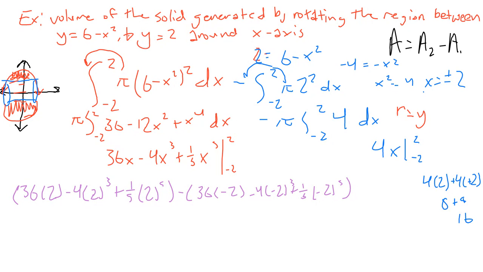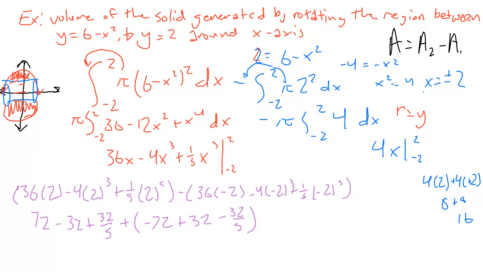and combine some stuff. So we're going to get 72 minus, we're going to get 4 times 8, so minus 32, plus 32 over 5, minus a negative, so we're going to get minus negative 72, plus 32, minus 32 over 5.